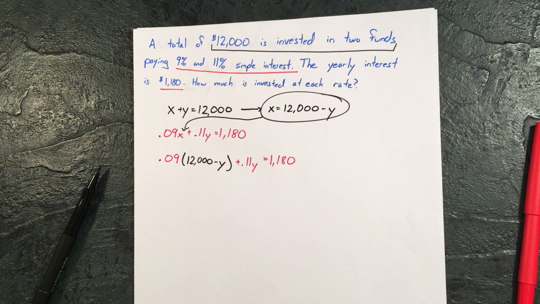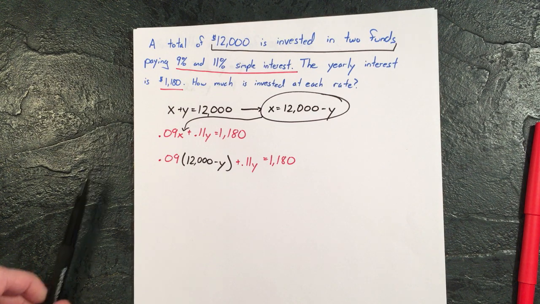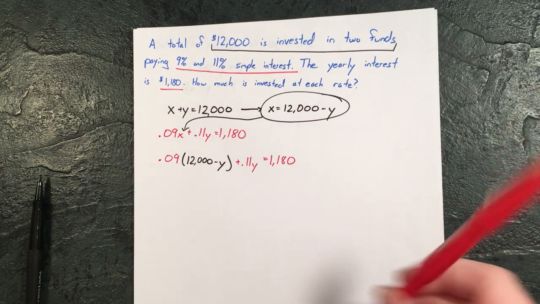Okay, unfortunately what we will have to do is multiply 9 by 12,000. So this one is going to come out to, once you go through and do that math.